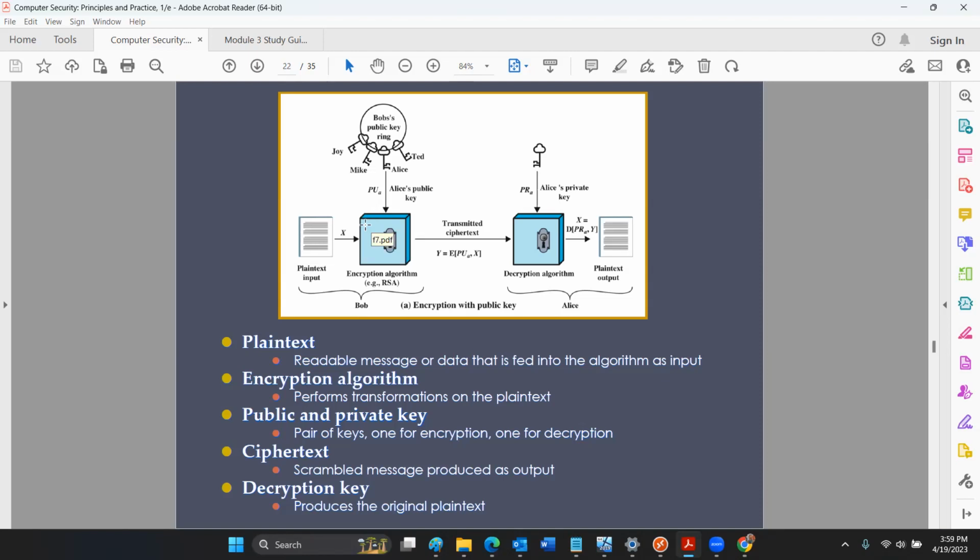So I'm going to use my private key. So Bob uses his private key and he can decrypt the message that was encrypted with Bob's public key that Alice has to use. Same as Ted, same as Mike, same as Joy. So each of these people, if they have the public key, can send a private secret message to Bob. Everybody got that?